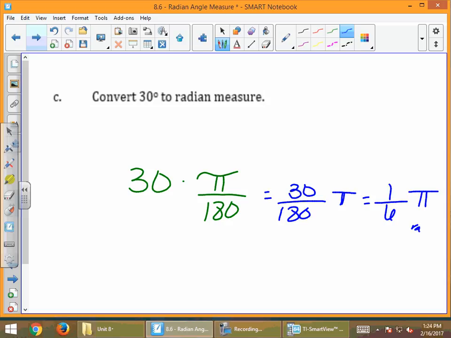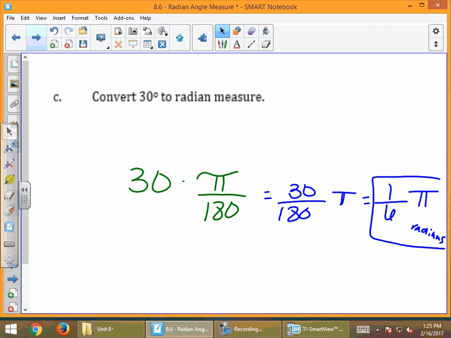And then make sure you write radians. That's like saying an object is 6 inches long.